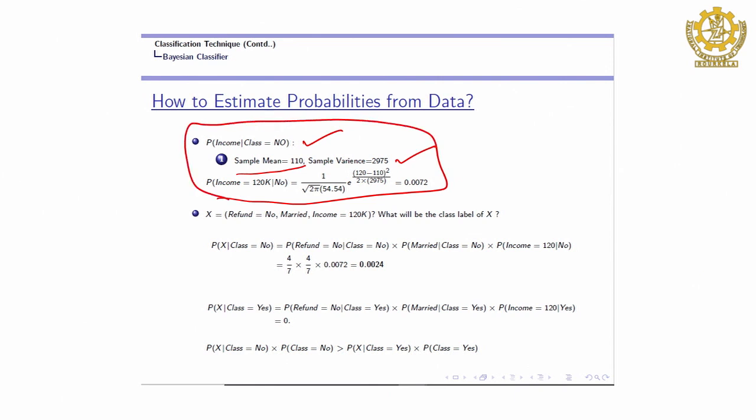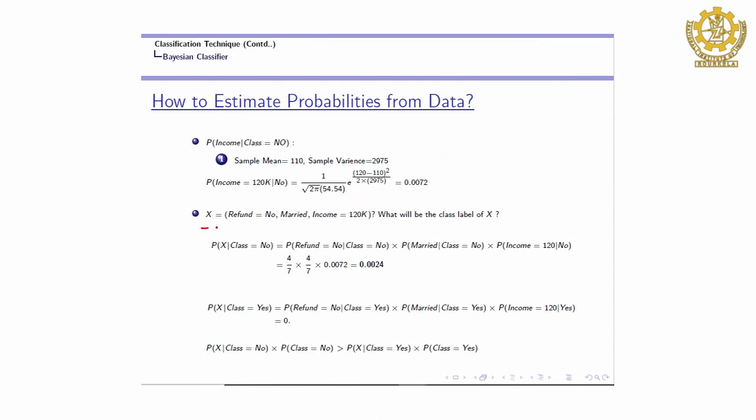Now, one complete example of how to compute the class label of an unseen object. Let us say the unseen object is x: refund No, married, and income 120k. What will be the class label of x?